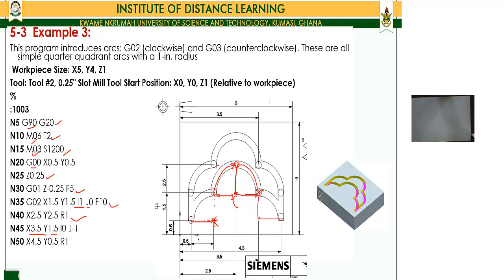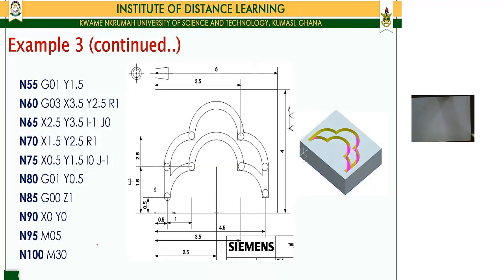So the tool finds its center down here at this point, and then does an arc move this way to this point. Okay, now the program moves on at this point where we were in the other figure, and then it does a G01 Y 1.5.